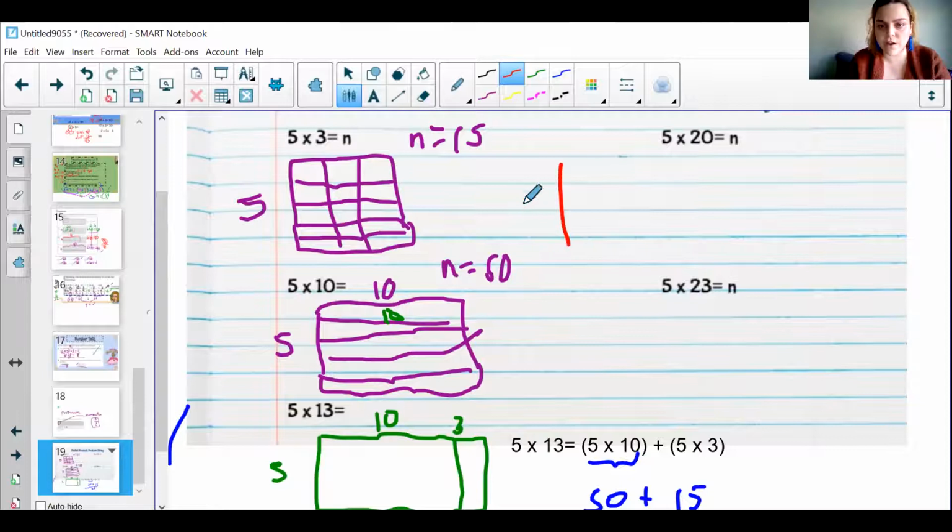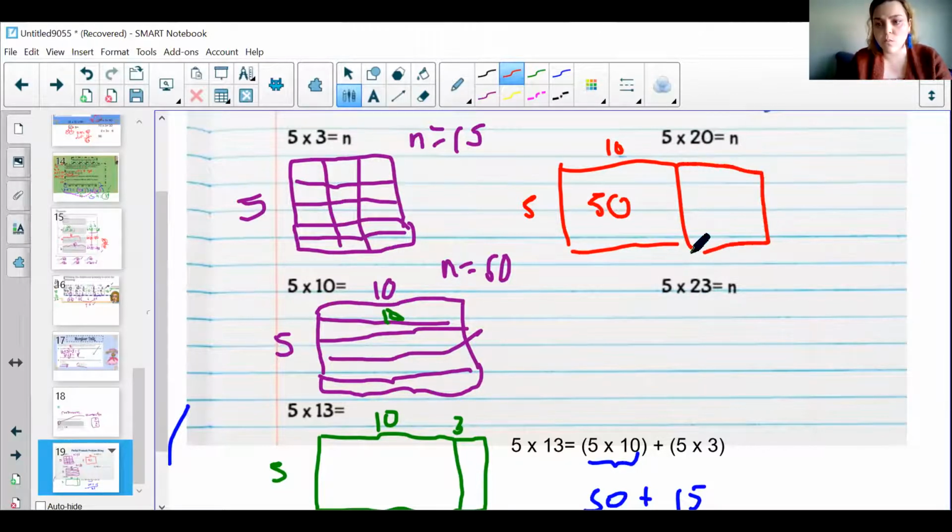I know this is going to be 5 over here, and I already know 5 times 10 is 50. I'm going to write 50 in the middle so I remember. And then I'm just adding another 10, right? I'm multiplying by 20, so this is going to be 10 as well. So 5 times 10 is 50, and 5 times 10 here is 50. Now I'm just going to add my products together, and that's going to give me 100.